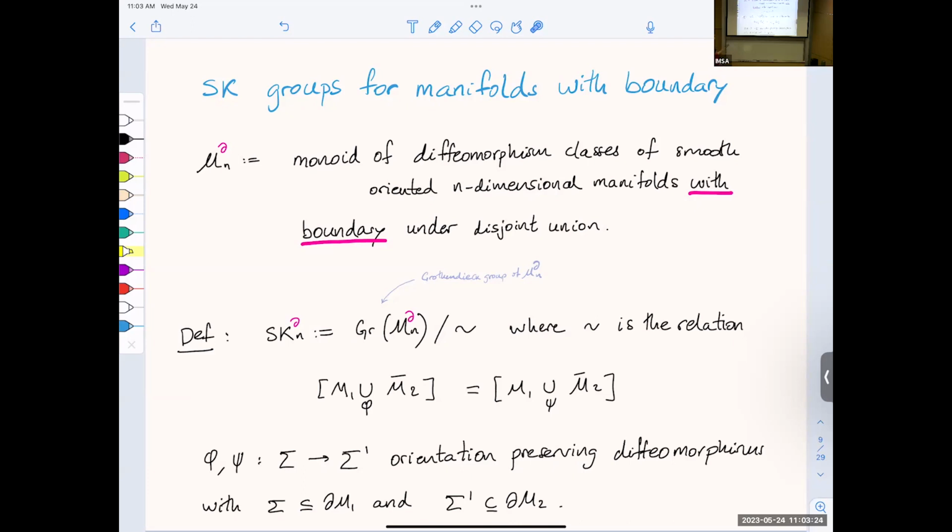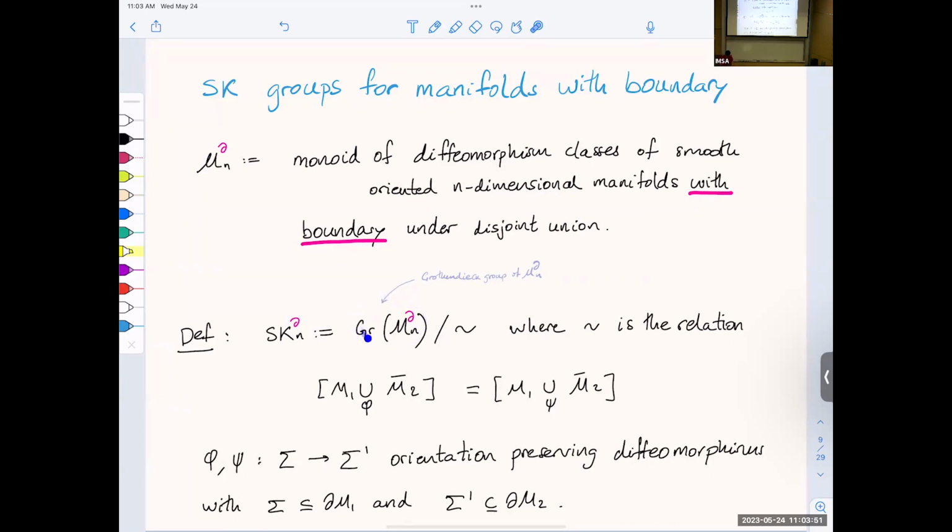It just highlights a few differences. The first difference is that instead of starting with the monoid of closed manifolds, we are going to start with a monoid of diffeomorphism classes of smooth oriented n-dimensional manifolds with boundary, again under disjoint union. So now we're working with manifolds with boundary.